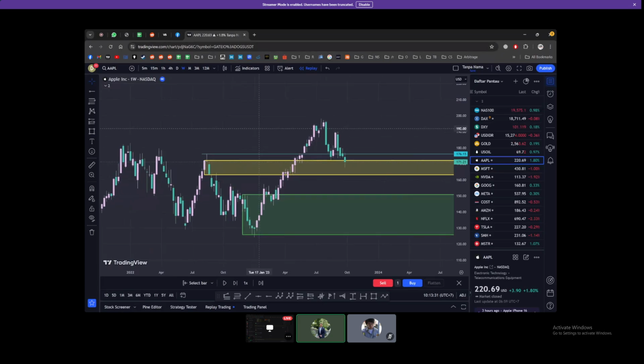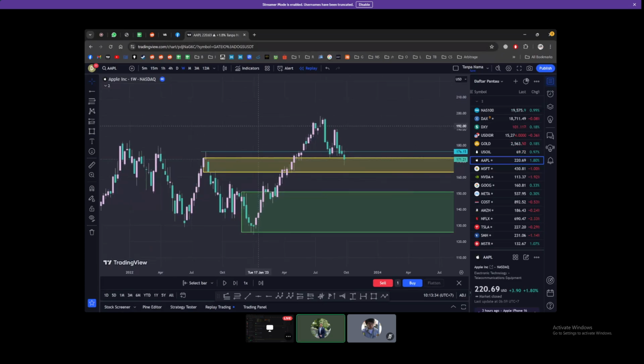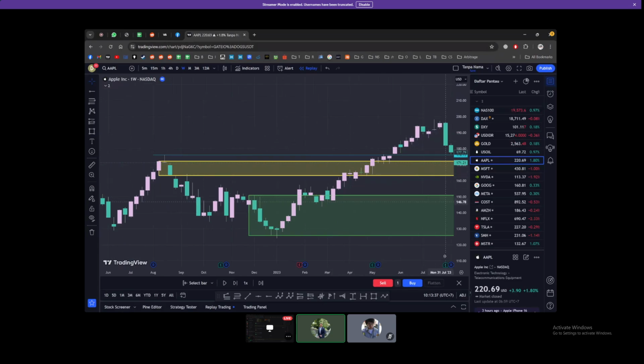Now within that breaker, zoom in and see if you can find a weekly support zone.